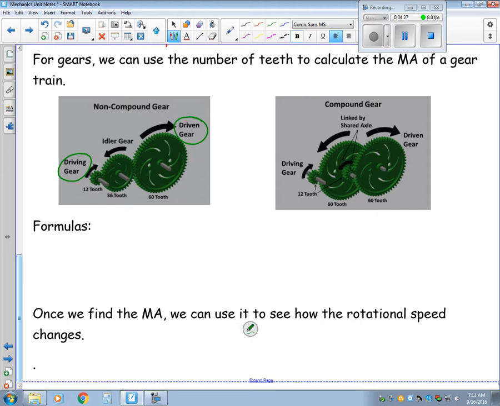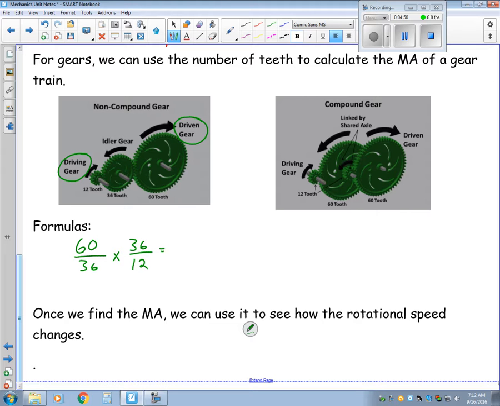So output over input. What I could do is take 60 divided by 36 times 36 divided by 12. Output over input. And the 36's cancel.